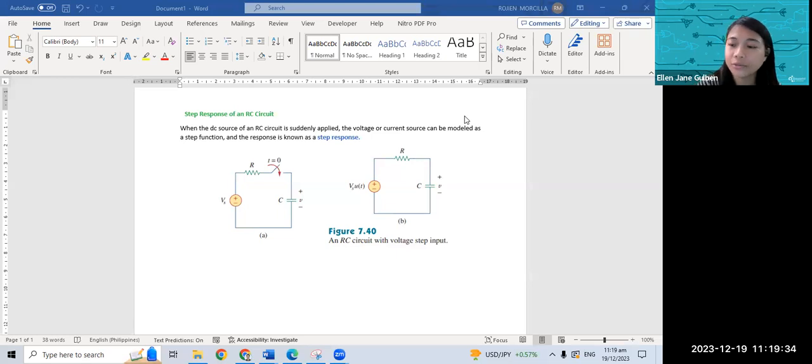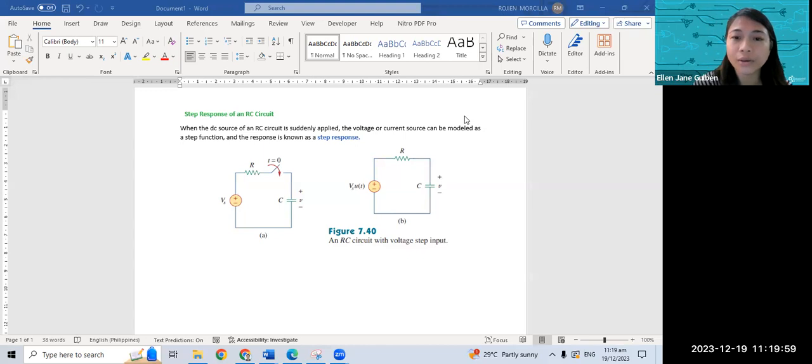So the rationale for this type of circuit or calculation is that our capacitor possibly may have an initial charge, or also it can have a zero charge as the initial value, or initial voltage as zero.